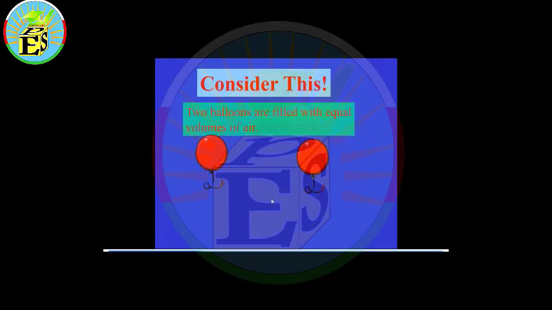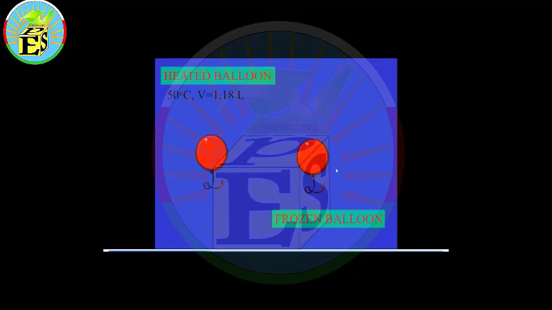Now consider we have two balloons. The two balloons are filled with equal volumes of air. What happens to the volume of each if one is heated and the other is frozen? It means I will increase the temperature for this one and decrease the temperature for this one.